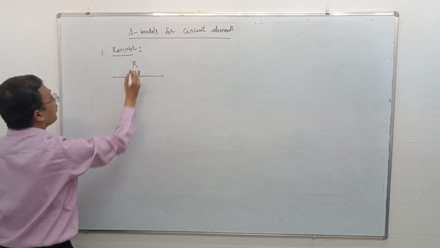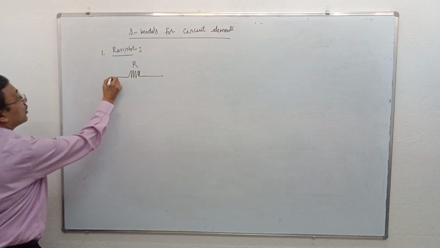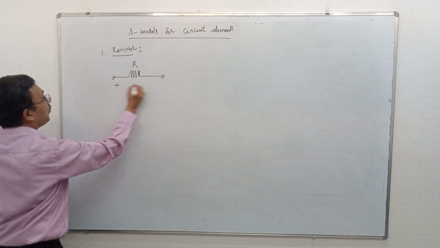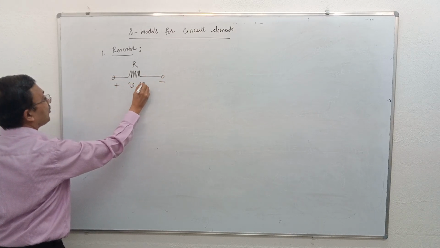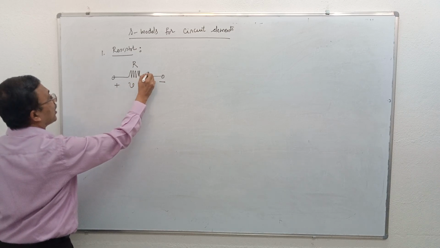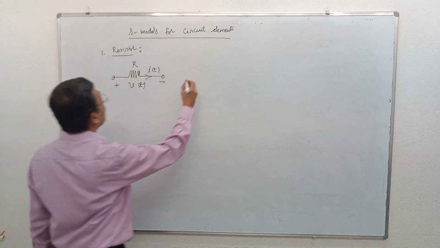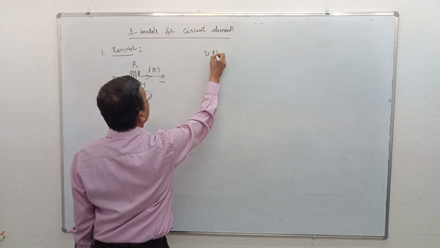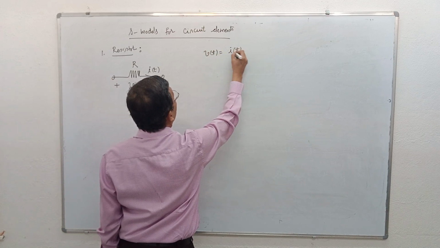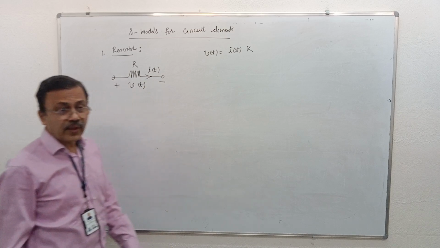Let me take the resistance of a resistor as R. Let a voltage v of t be impressed across this resistor that results in a current i of t through the resistor. So what is v of t? v of t is equal to i of t multiplied by R.